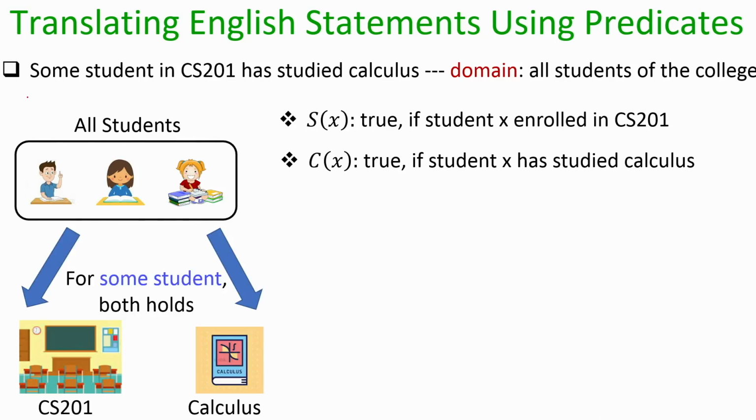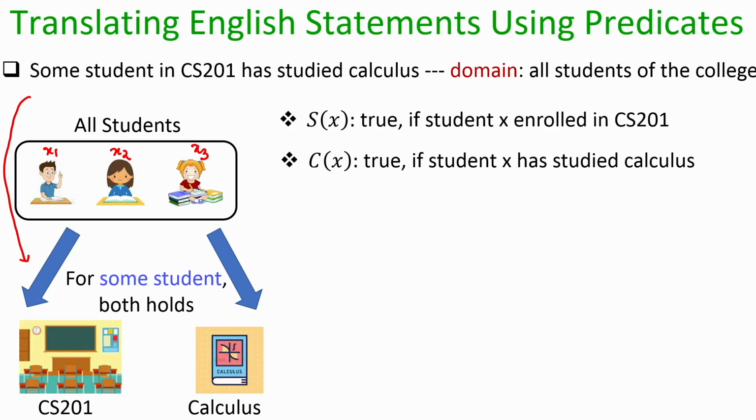If you see closely, the statement some student in CS201 has studied calculus means that I want to represent the fact that for some x in my domain, out of multiple x values possible, the x satisfies 2 properties simultaneously, namely the same x has enrolled for CS201 and the same x has studied calculus.